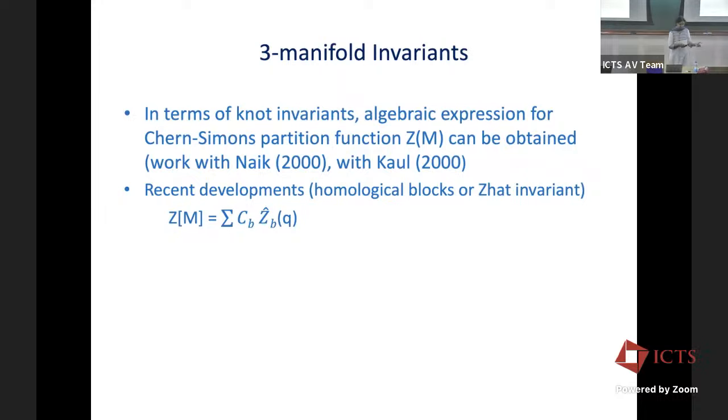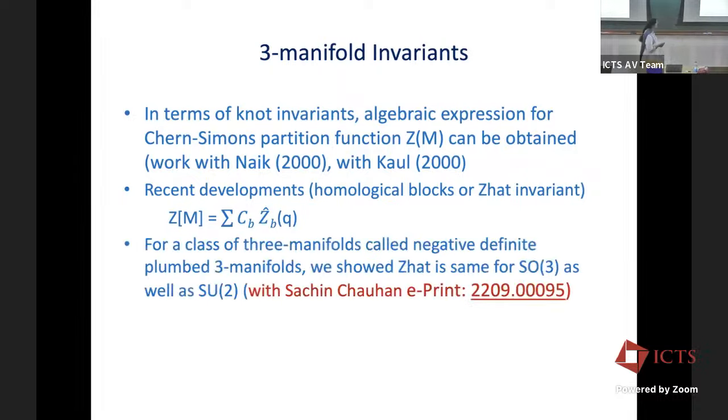And we wanted to extract these Z hat of B, knowing so much information about various gauge groups in our language. What we found, this is with my student Sachin in 22, is that the Z hat, whether we do SO3 or SU2, was the same for a class of three manifolds. Let me not get into what those three manifolds are. They're called negative definite plumbed.